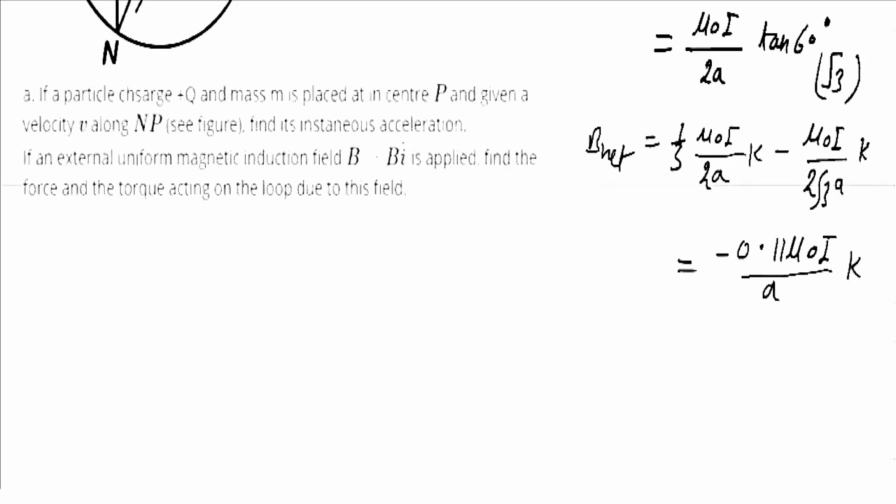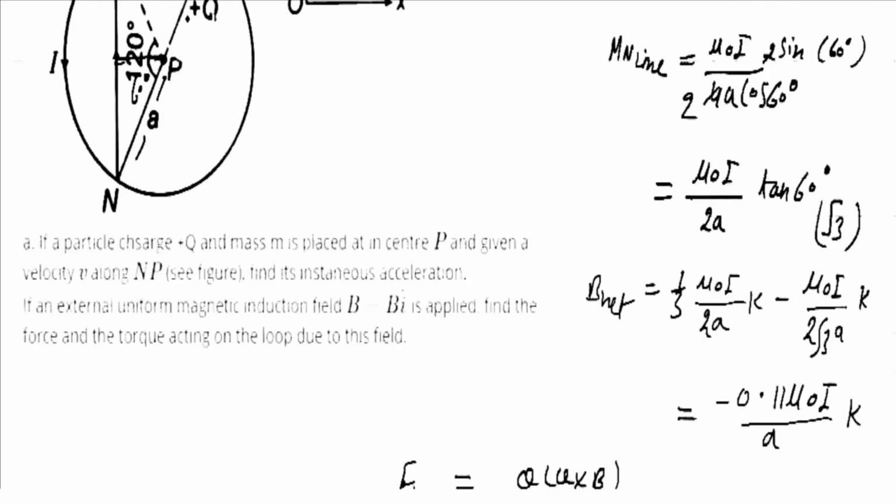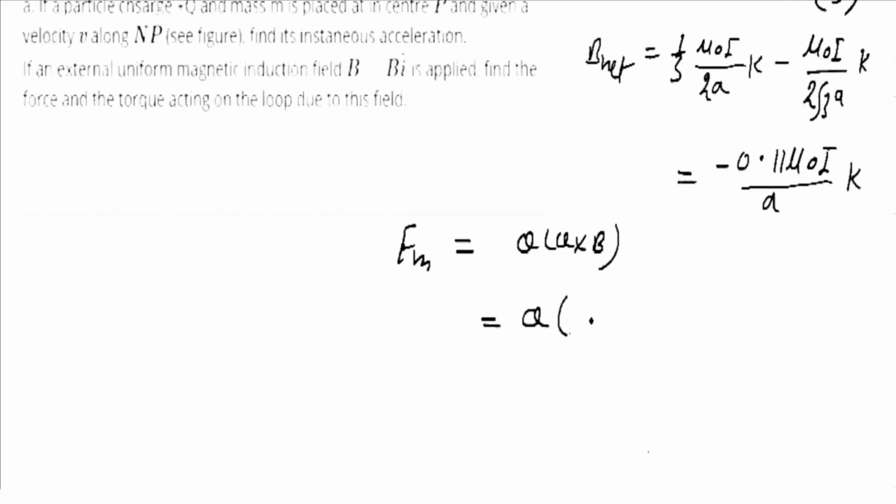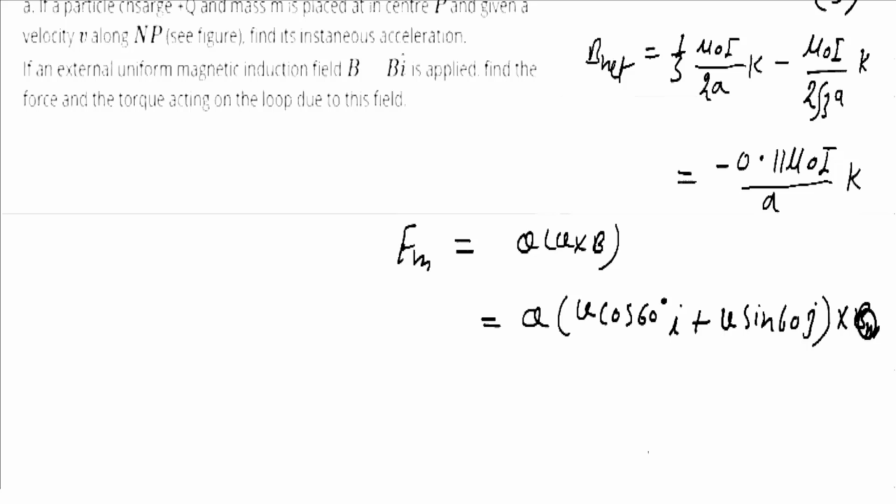Now the force F equals Q v cross B. Here we put in the values. The velocity component along NP at 60 degrees is v cos 60 degree i cap plus v sine 60 degree j cap, crossed with B net.